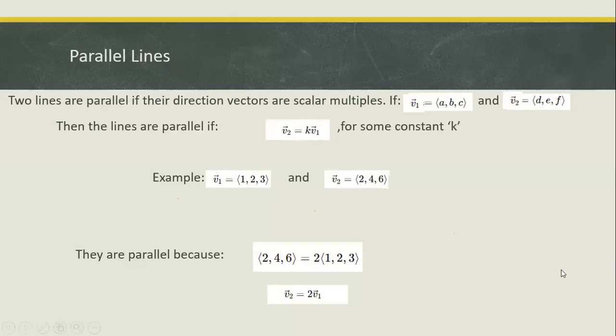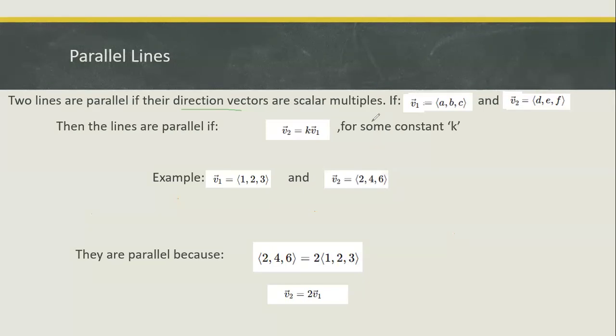First, we're going to look at parallel lines. It says two lines are parallel if their direction vectors are scalar multiples.